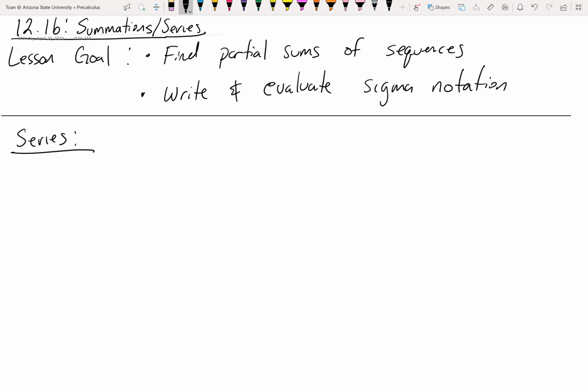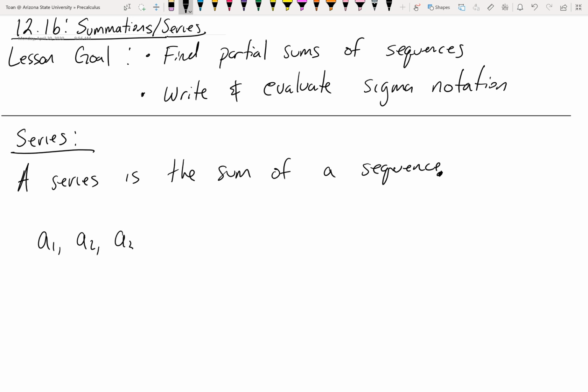Now, yesterday we talked about a sequence, which was just a list of numbers. A series can be thought of as the sum of a sequence. So if we list them out, a sub 1, a sub 2, a sub 3, a sub 4, dot dot dot, this is a sequence.